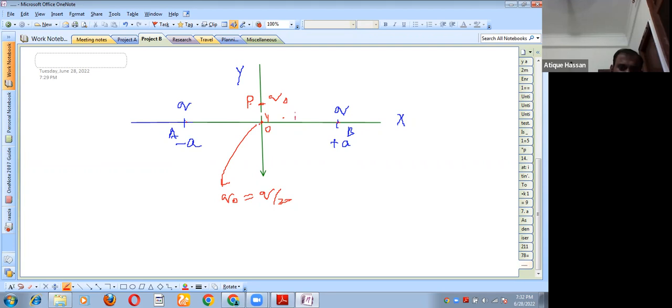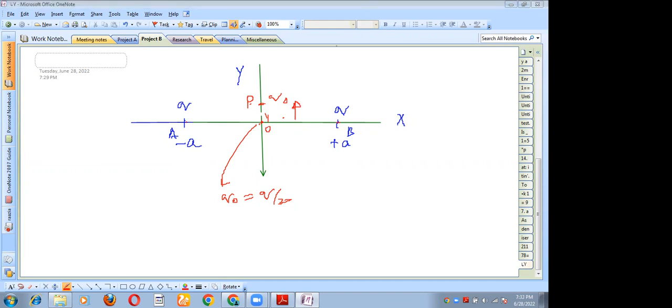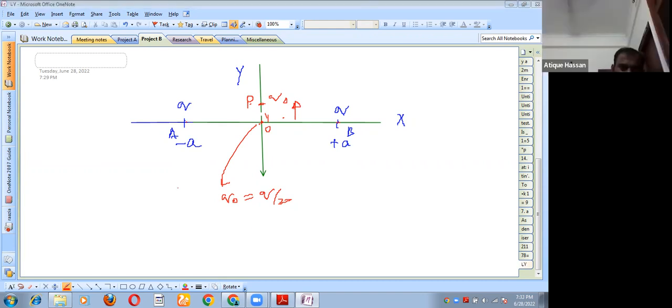So we have displaced this charge through y. Then we have to find the net force on this charge. Are you getting my point, Yashika, Rifat? Yes, sir. So now we will find the force.